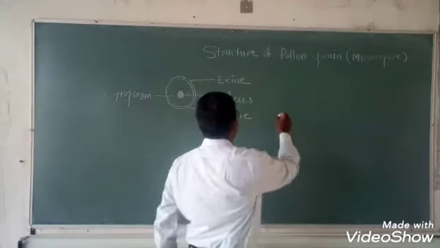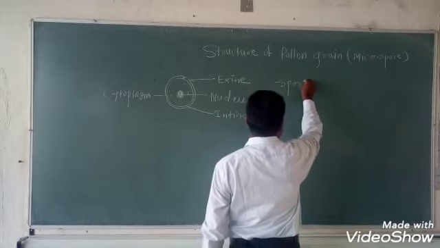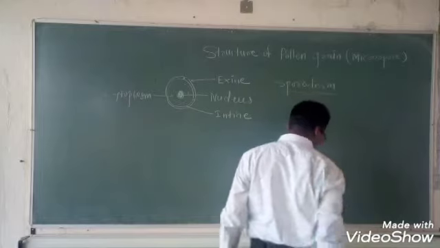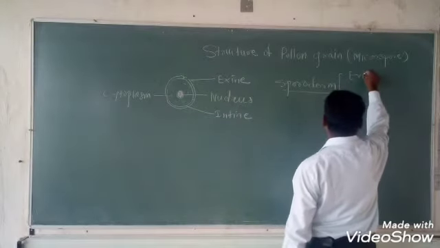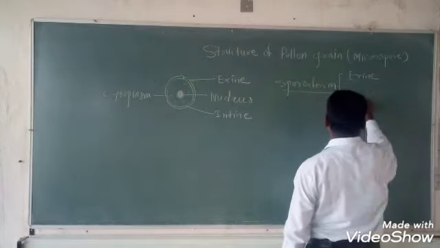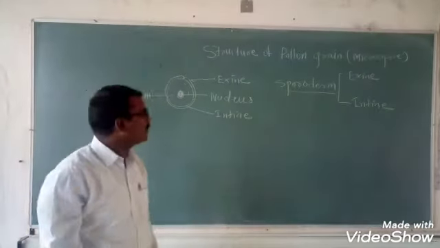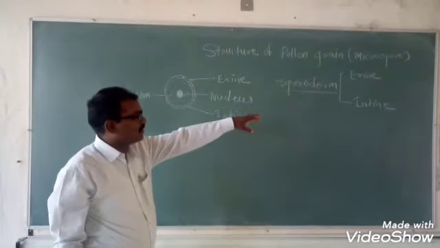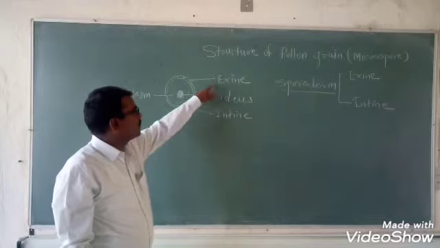Exine and intine are called sporoderm. Exine is the outer wall of the pollen grain, while intine is the inner wall of the pollen grain.